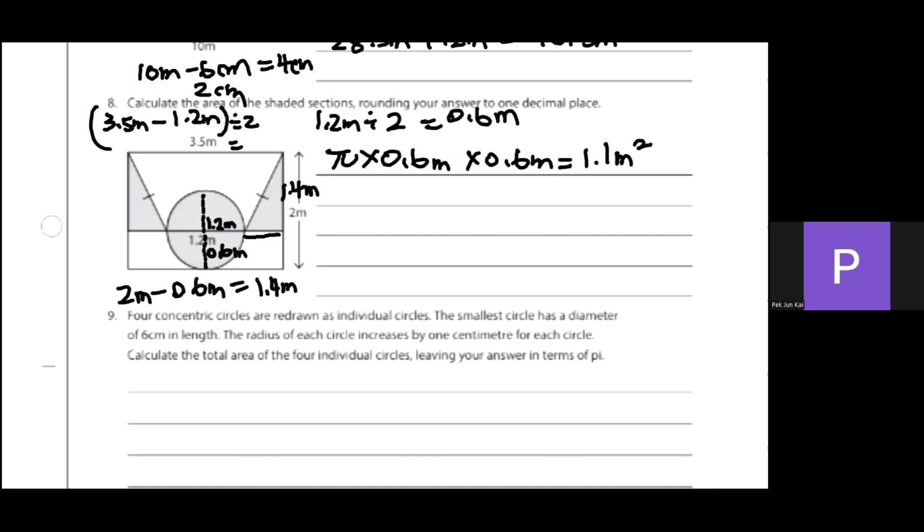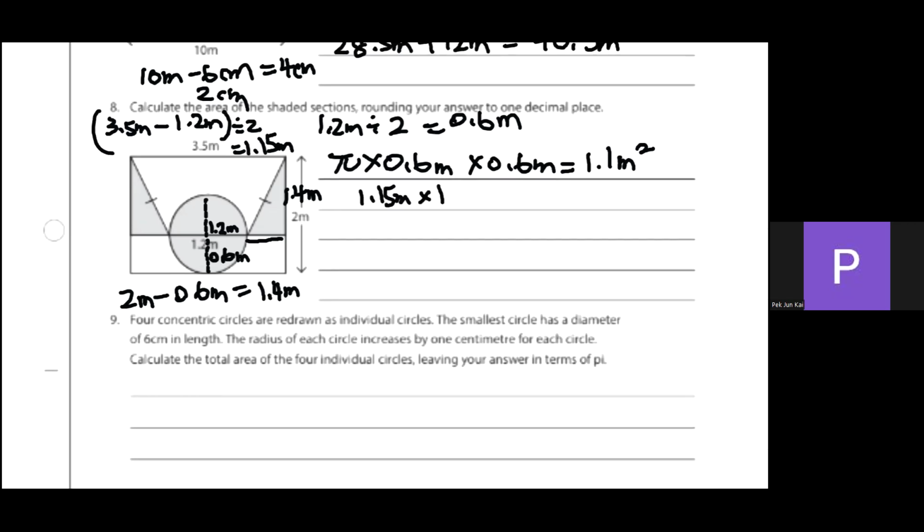The answer would be 1.15 meters. So 1.15 meters times 1.4 meters times 1/2 times 2, we would get 1.6 meters squared. So to calculate the area of this shaded section, we would take 1.1 meters squared plus 1.6 meters squared, and we would get 2.7 meters squared.